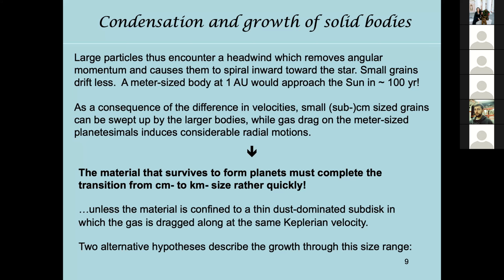So this sedimentation that I was talking about before could in fact be a solution, because in this case you could have material that is confined in a thin disk, a dust-dominated disk, which is then just orbiting at the Keplerian velocity with not much influence from the headwind from the gas.